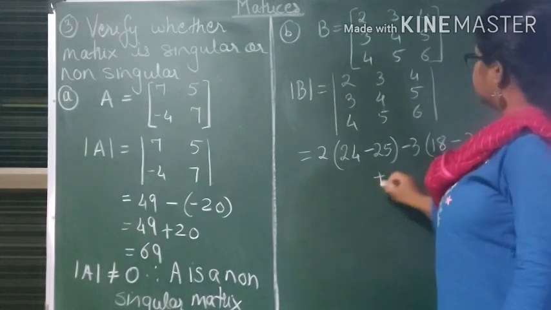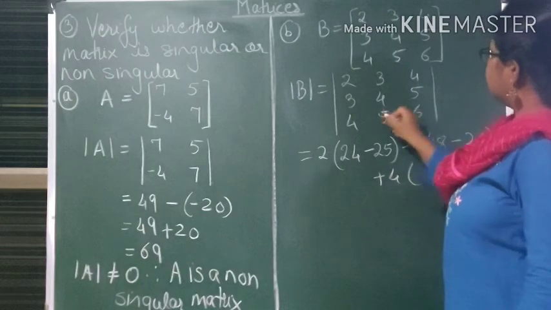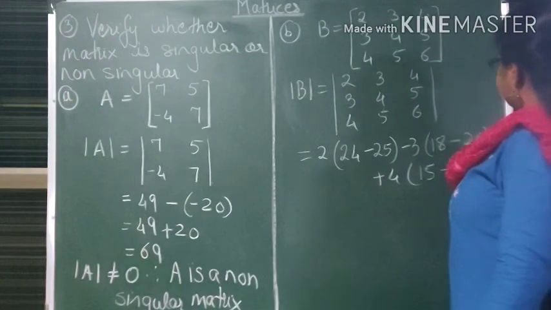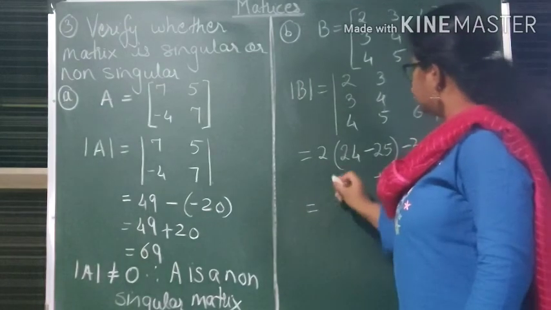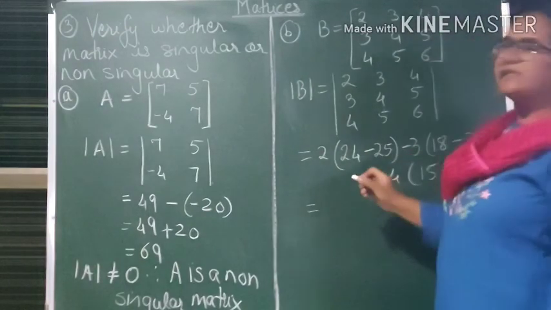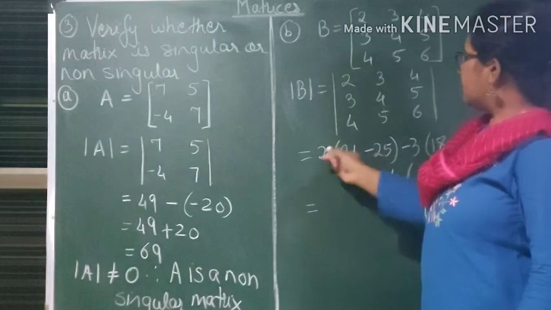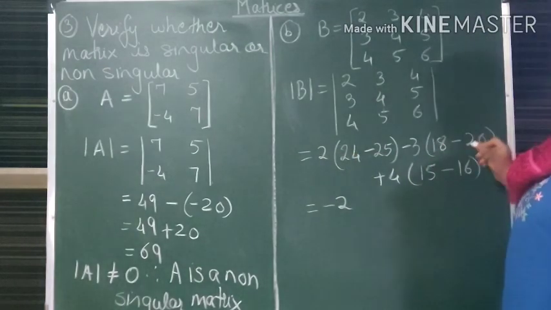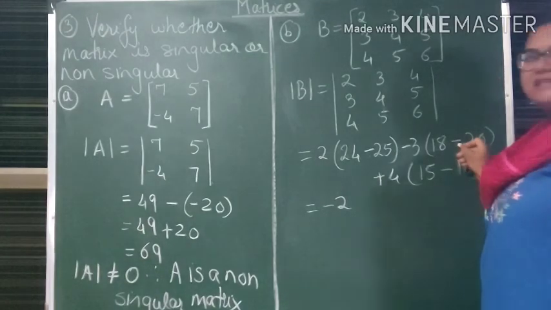Plus third term 4 into 3 5 is 15, 4 4 is 16. So you have 24 minus 25 is minus 1. Minus 1 into 2 is minus 2. 18 minus 20 is minus 2.